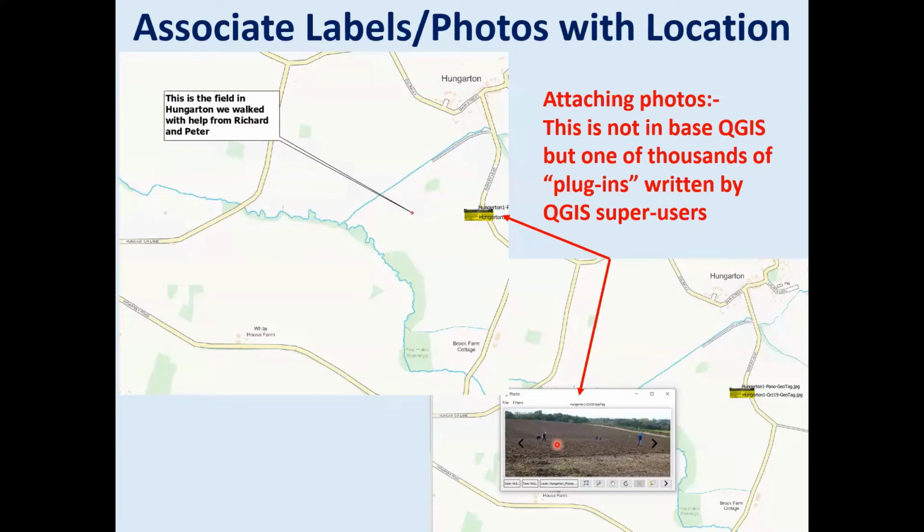When I call them super users, these are people who've been using it for years and can dig down and actually program the software. But you'll find inevitably, if there's something you want to do, somebody has probably written a plugin or some instructions on how to do it for QGIS. A quick Google search with QGIS plus whatever you want to do will usually pop up how to do it.